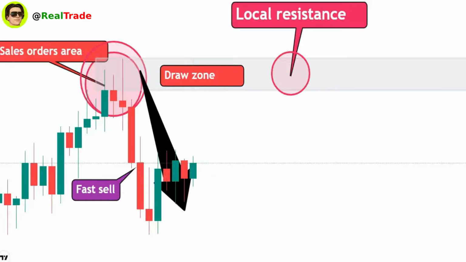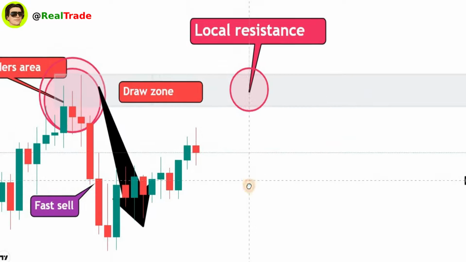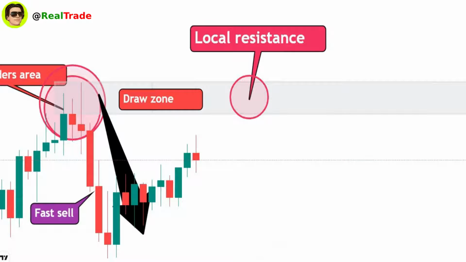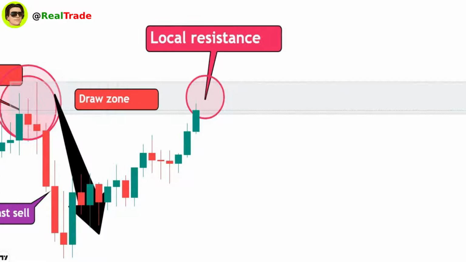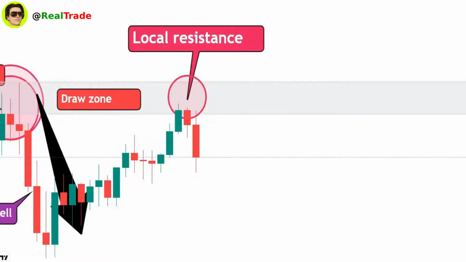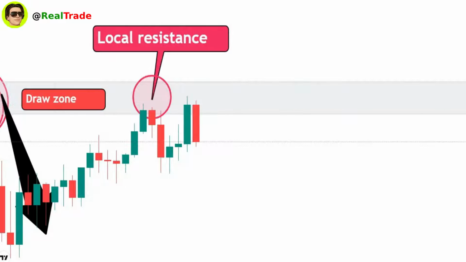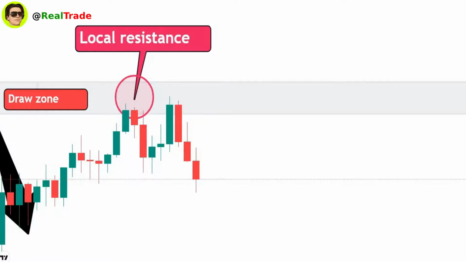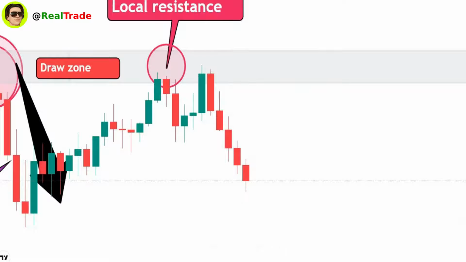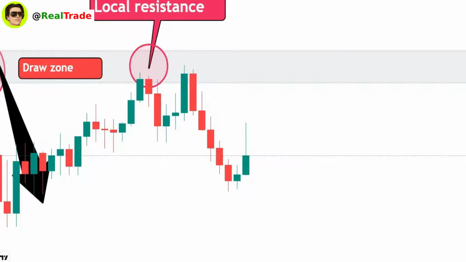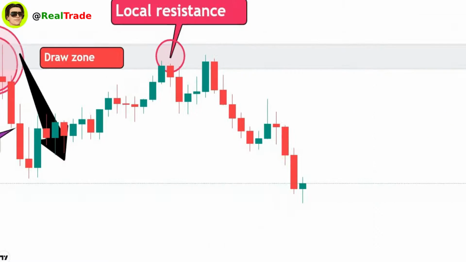Yes, continue, candles, continue, yes, continue, yes, return price, yes, big candle, return candle, full candle, yes, local resistance is important, return price on local resistance.